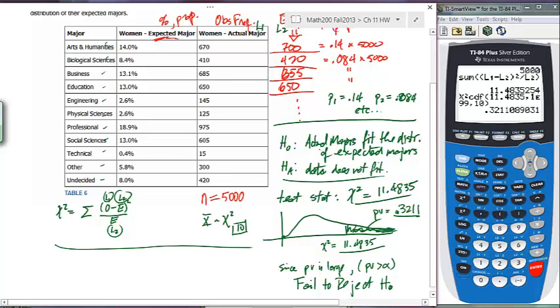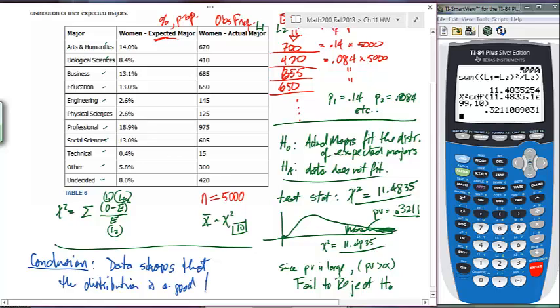So remember that the null hypothesis is that the actual majors fit the distribution, and since we did not reject that, our conclusion would mean that the data shows that the distribution is a good fit. And then we can be done.